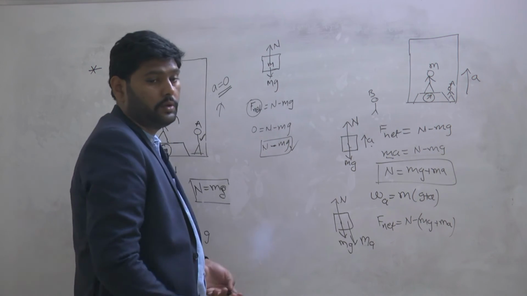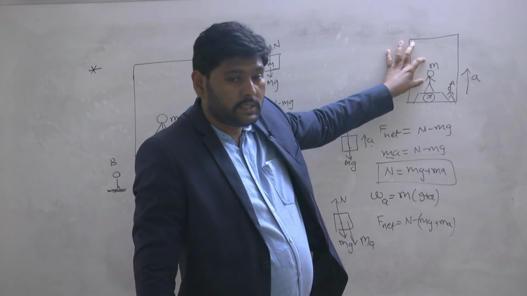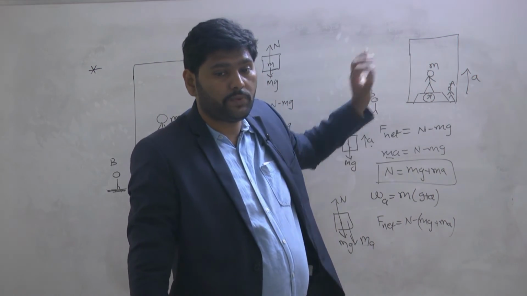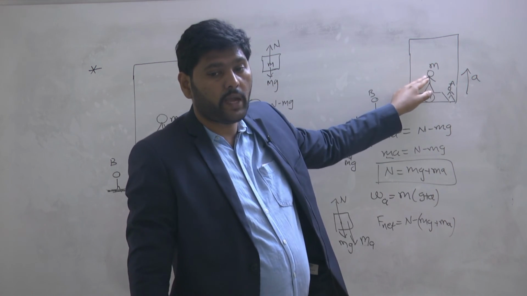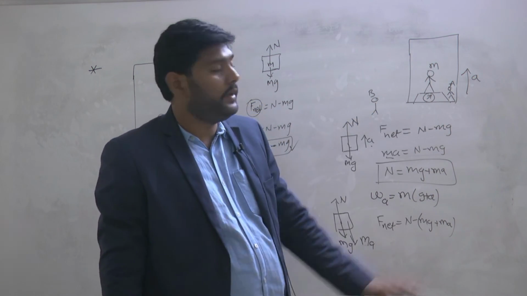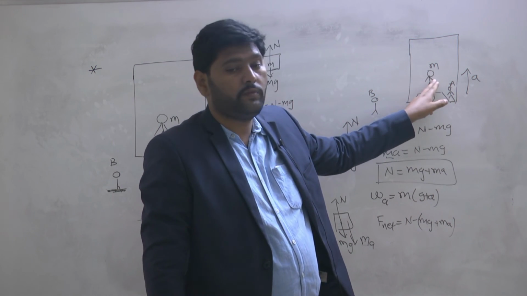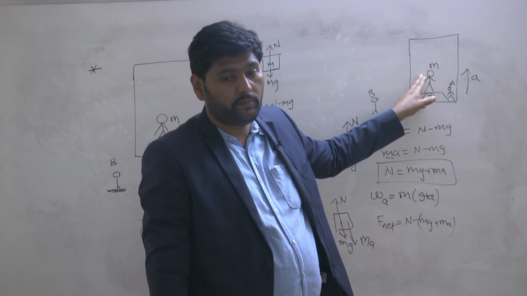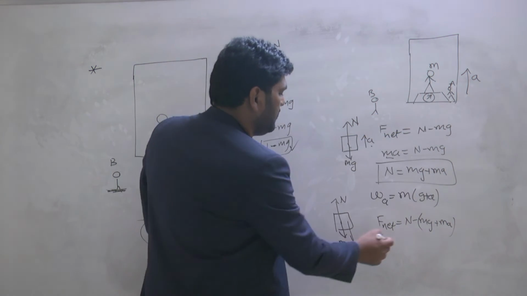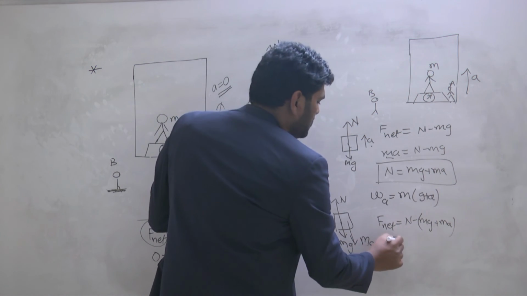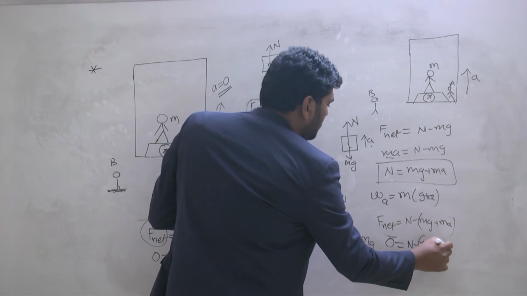But according to person A, the man is at rest. When he is at rest, he feels he is not moving, which means the acceleration of this person is 0. So I write 0 is equal to N minus (mg plus ma).